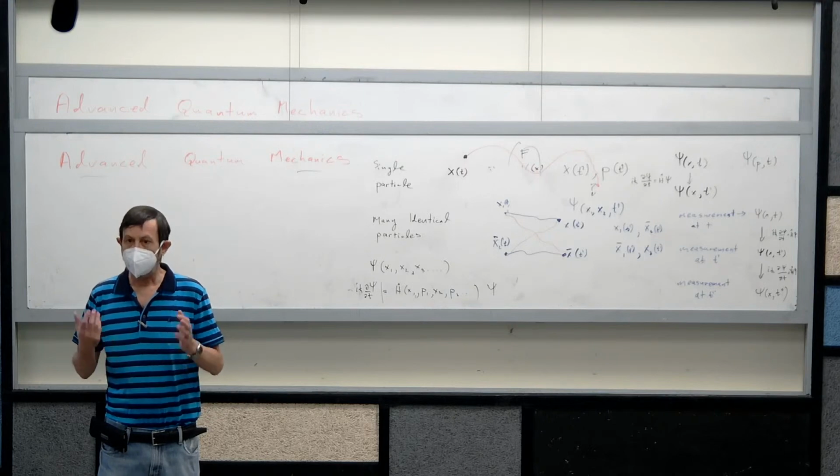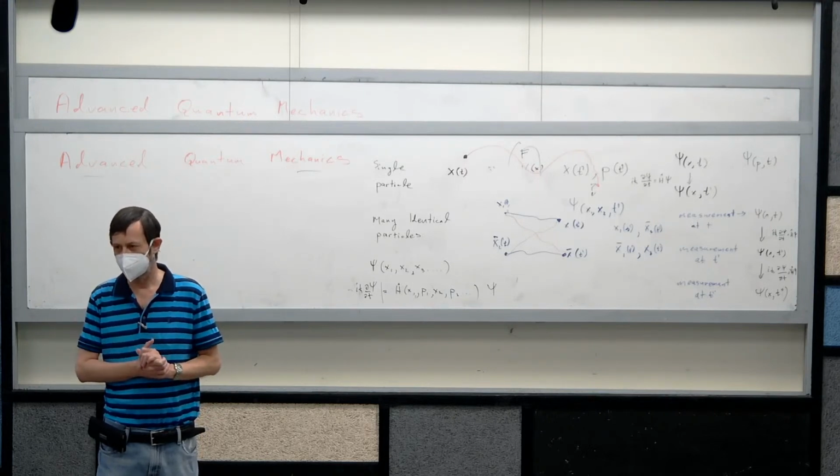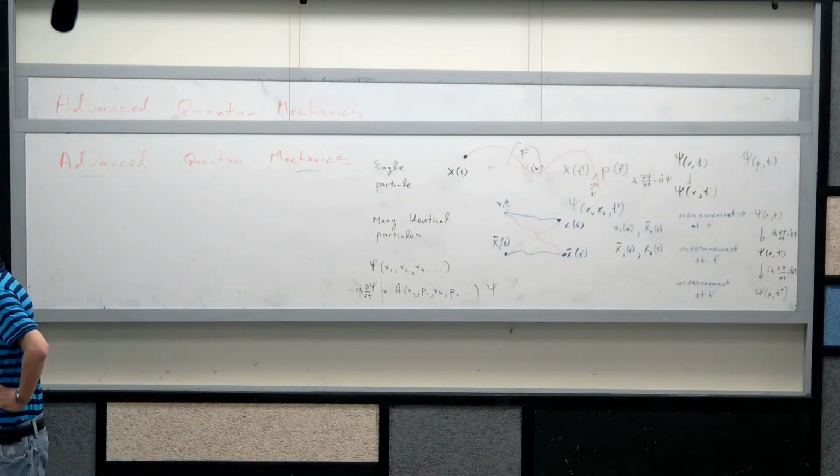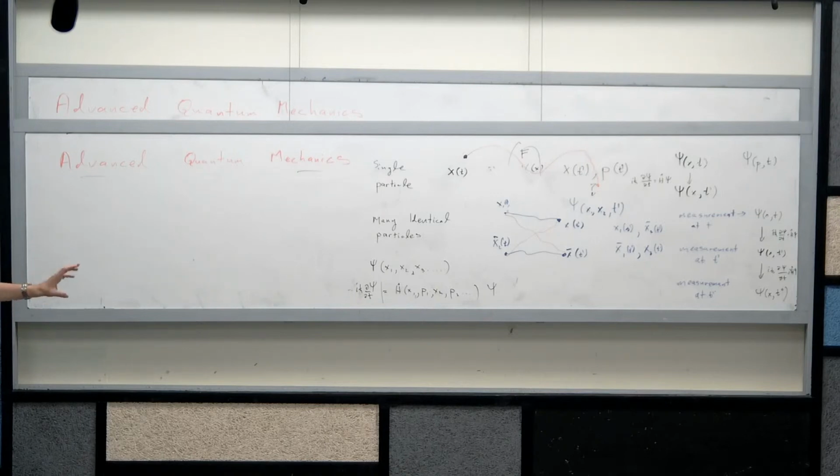Okay, I have one huge problem with it. Basically, what is the most stringent constraint you have on a wave function that you have learned to handle? What's the first thing you do to a wave function?